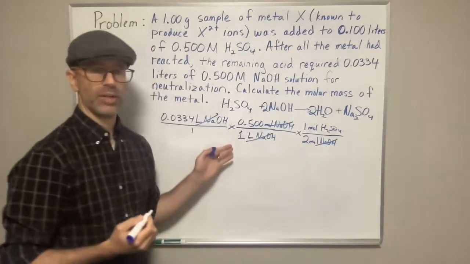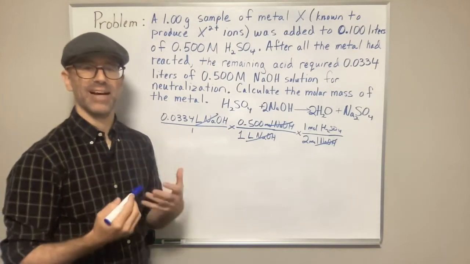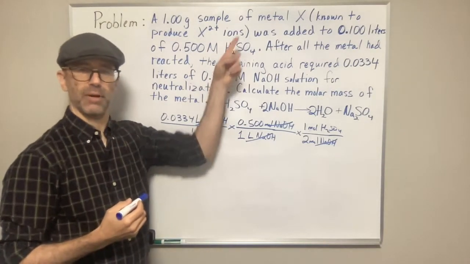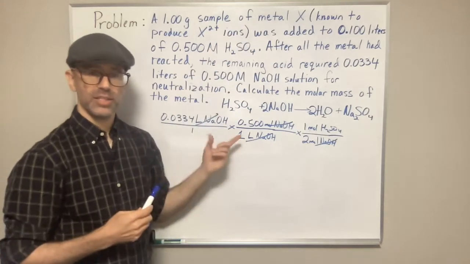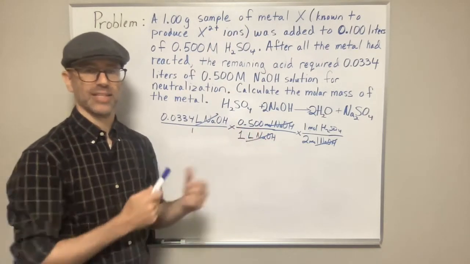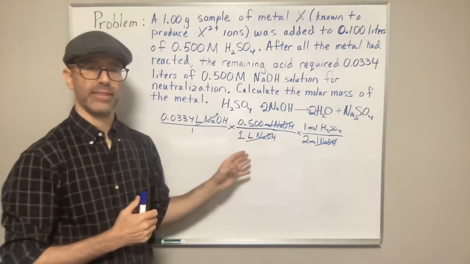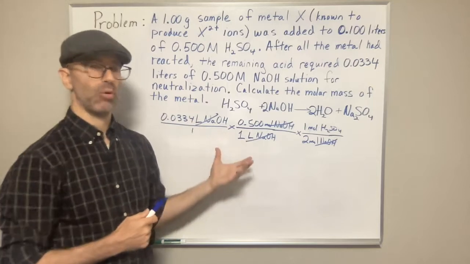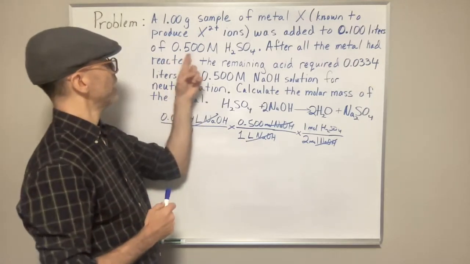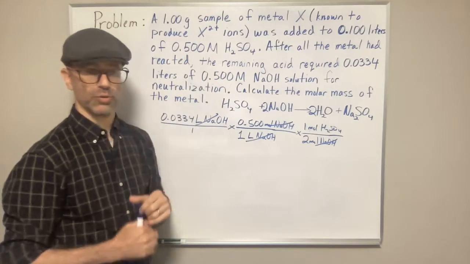Now I can calculate the moles of H2SO4 that did not react with my metal X. This is what reacted with the NaOH, so this is the excess H2SO4. I can find that and then subtract it from the number of moles I started with in my original solution of H2SO4.